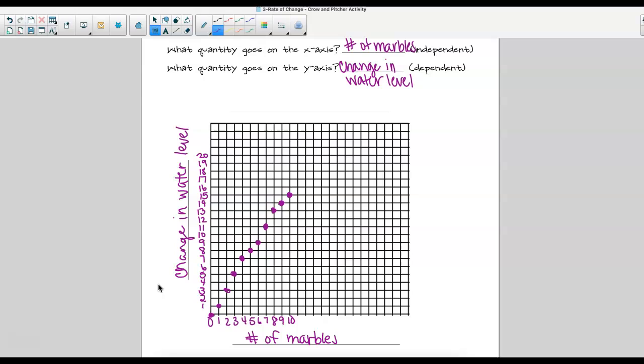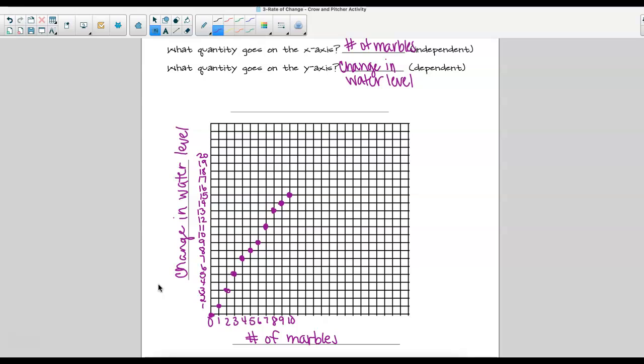Are your dots in a nice straight line? Should they be? Mine aren't. If you look at my graph, are my dots perfectly lined up in a nice straight line? No. But my question to you is, should they be in a nice straight line?